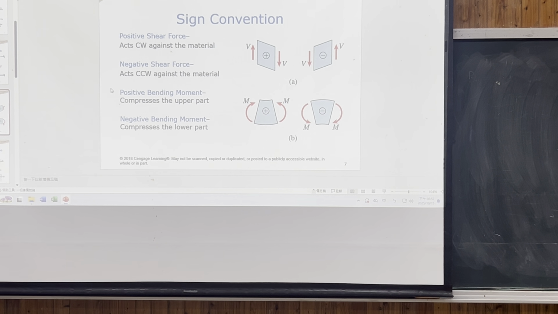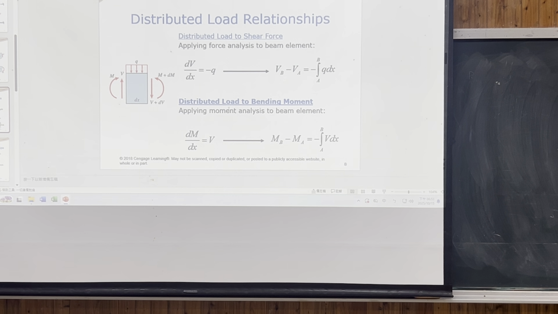So this is the basic idea of the relationship between the distributed load and the shear force, or the distributed load and the bending moment. As we can see on the graph here, with the distributed load added, there's an increment of the shear and an increment of the moment, right?